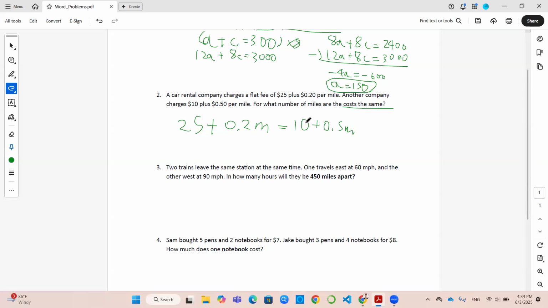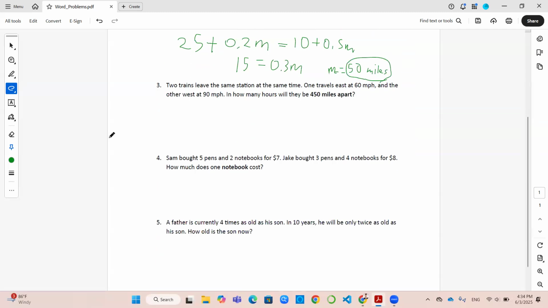And we need to solve for m. So 15 is equal to 0.3m. And if I do 15 divided by 0.3, I'm going to get m as 50. So 50 miles is the correct answer.